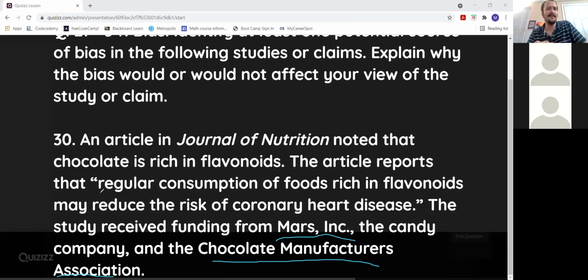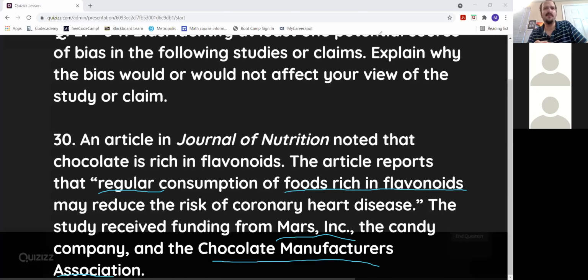And there's a lot of things within this, right? We don't really know what they're talking about. What is regular consumption? How much is regular consumption? And it says foods rich in flavonoids. Well, chocolate is rich in flavonoids, but it's not necessarily the most healthy thing. Usually it's packed with sugar and other things.